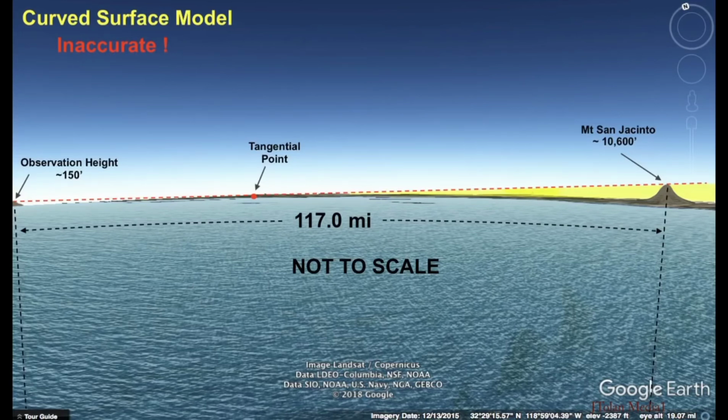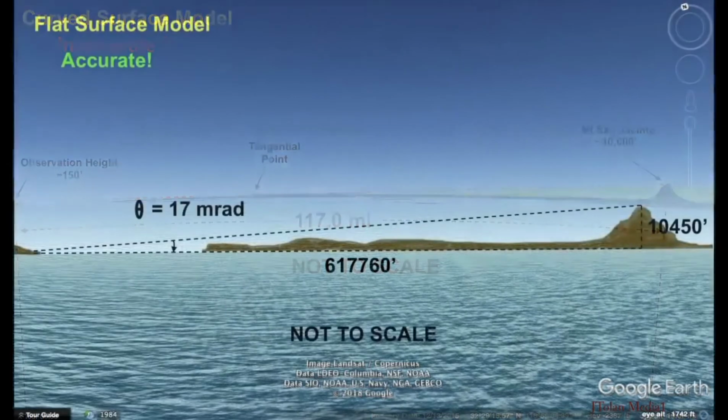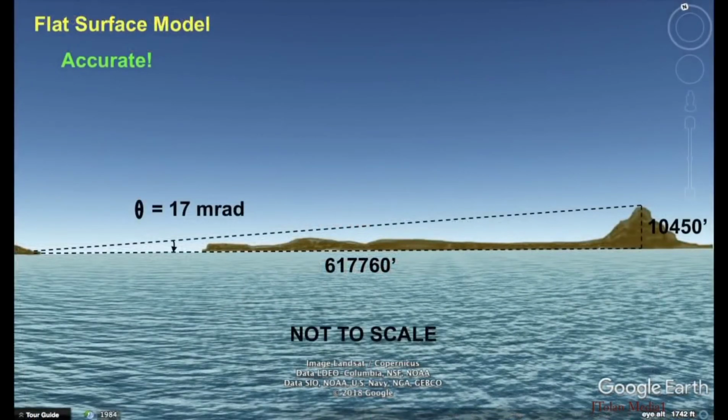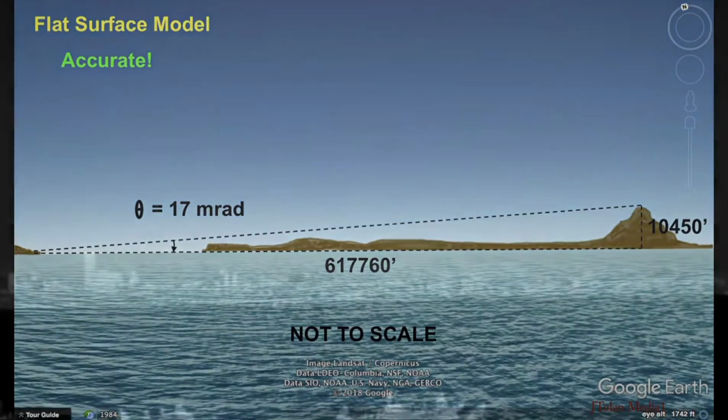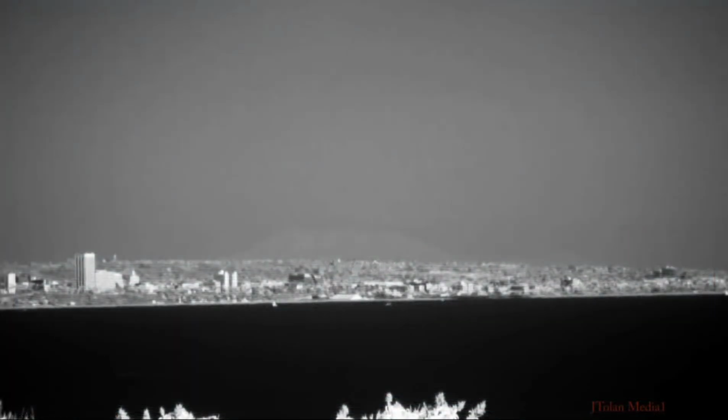The shoreline and the hills on the other side of the bay should be hiding it in entirety. Now, if we compare this to the flat surface model, look how simple it is, and it is accurate. We calculate the correct elevation of 17 milliradians. Simply incredible.